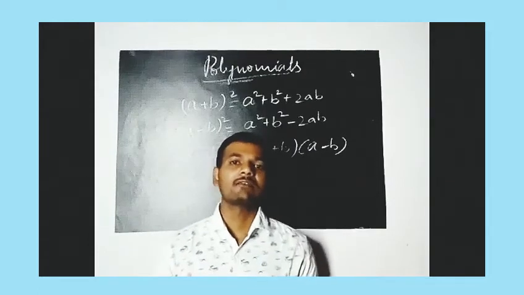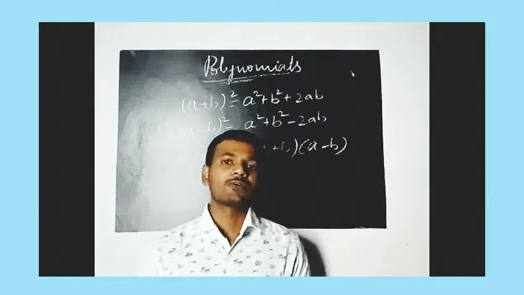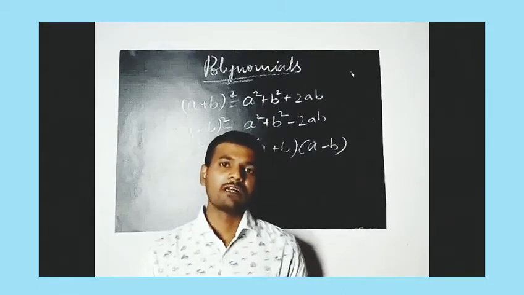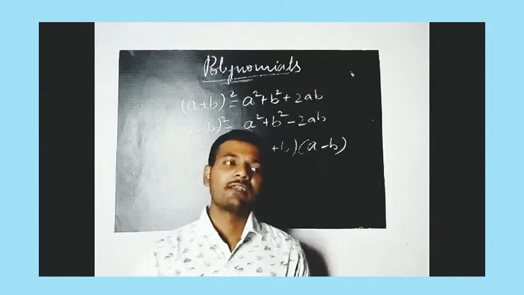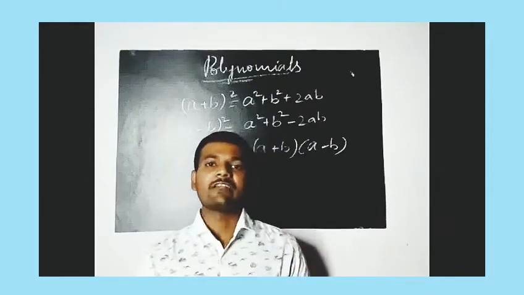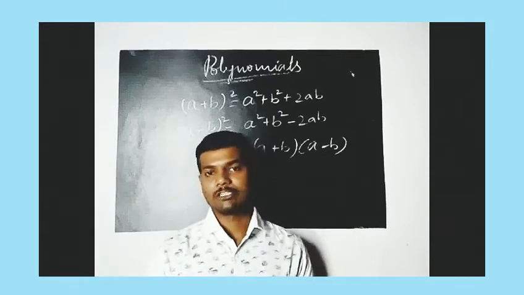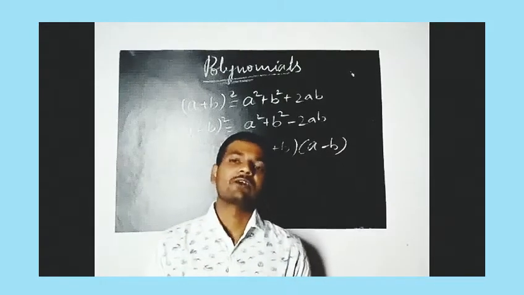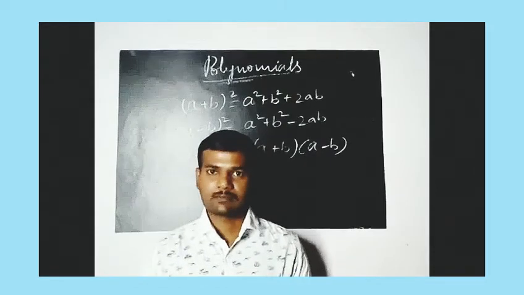You will also learn some identities and their uses while factorizing and while evaluating the values of algebraic expressions or polynomials. These are the contents you are going to study in this lesson, polynomials.